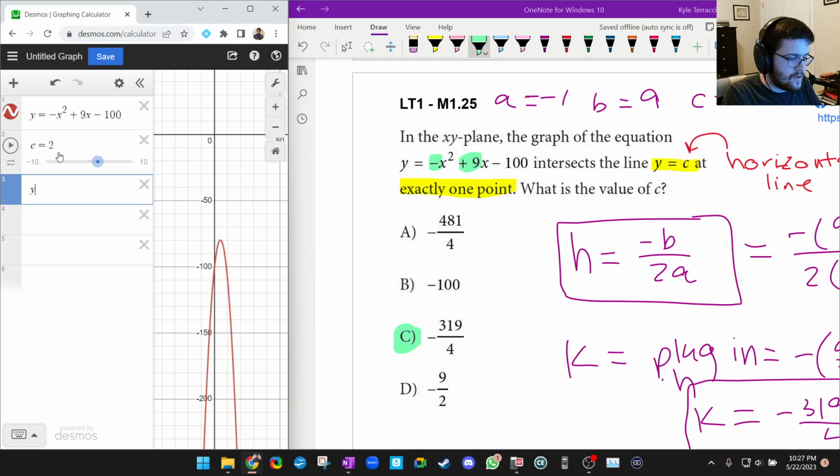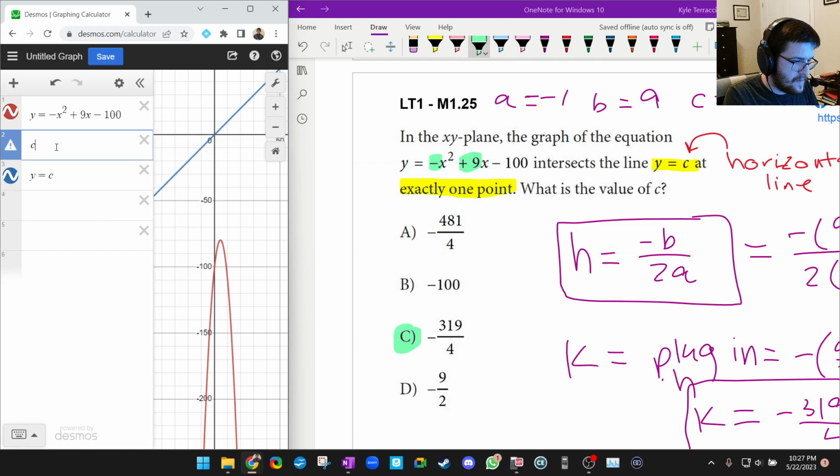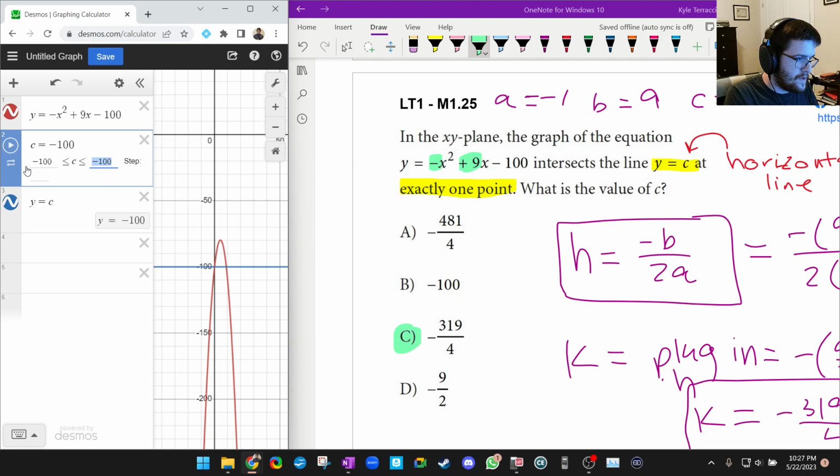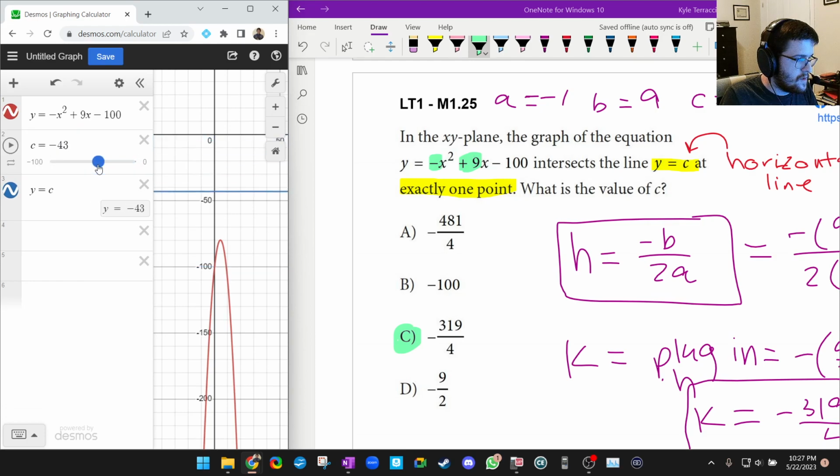Great. So y equals c, and you see it doesn't work, but let's see if I make it, it's going to be down there, right? So let's try 0 to negative 100. Oops, messed up. So negative 100 to 0.